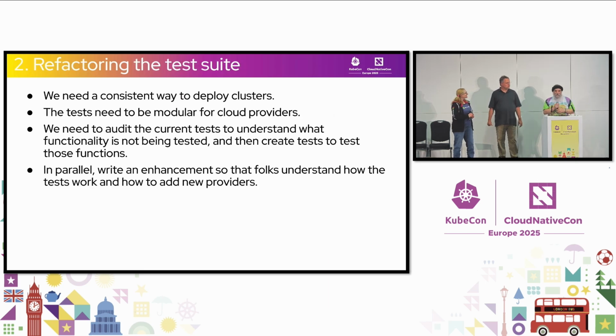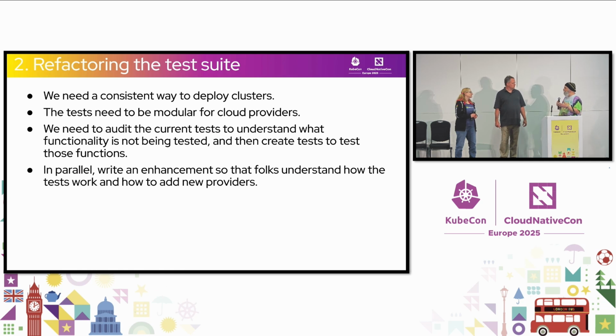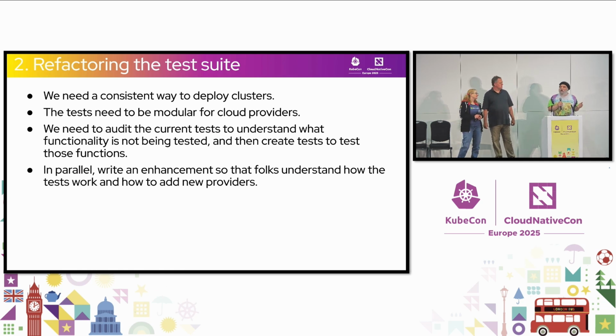But let's get a little bit deeper into refactoring the test suite and what that means. We talked about bringing up and down network interfaces. We talked about node life cycling and those kind of things. This is different on every cloud.